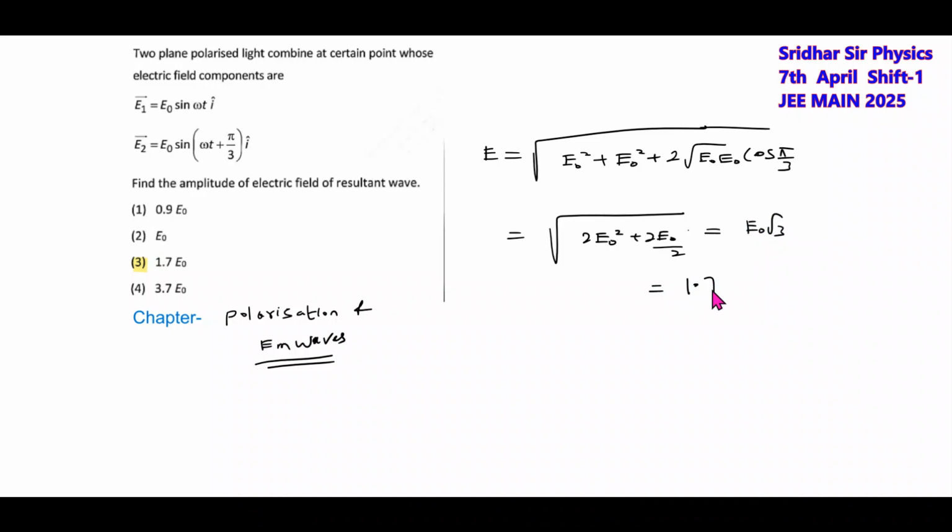Root 3 will be approximately 1.7. This is the resultant amplitude of the electric field. The resultant wave will be E sine omega t plus some phase angle. It's asking for this amplitude. This will be 1.7 E naught. A simple vector addition, nothing more to do.